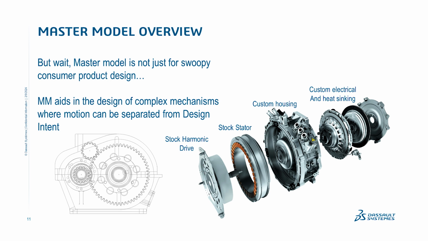So, you know, you have your stock parts, but then you need to design various custom parts to make that a complete actuator. And master model is super valuable for that, because the associativity between that stator and rotor, as well as like the harmonic drive or a planetary gear, is really intimate.